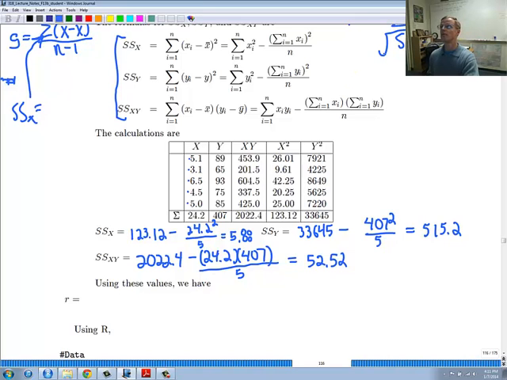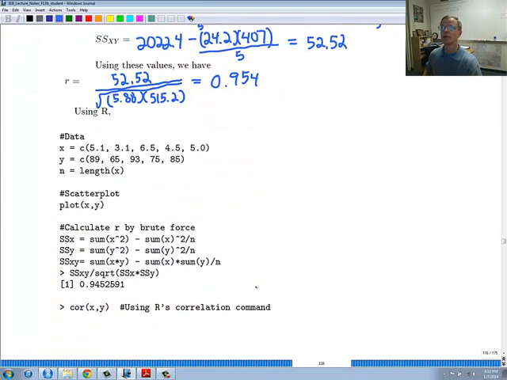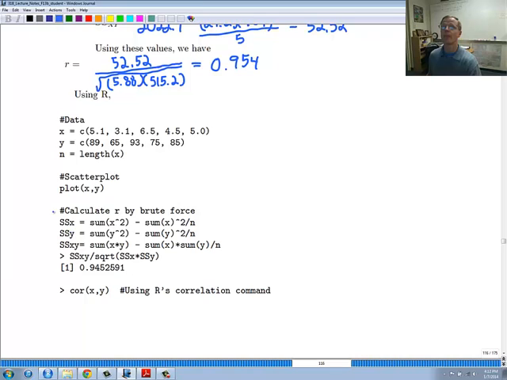So plugging in now for my formula for r up in the right-hand corner, it's going to be 52.52 all over the square root of 5.88 times 515.2. And in the arithmetic, we get 0.954.